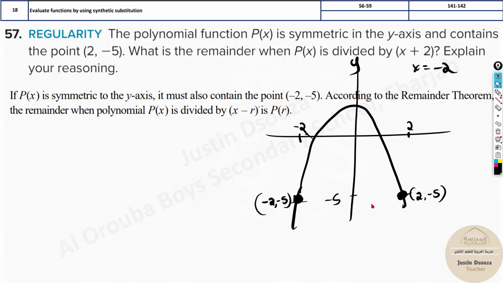If you draw this graph, I'm sure you'll get full marks. So just draw this graph, it explains more. Because over here, this graph shows we already have this point, so it's symmetric on the y-axis, so there must be minus 2, minus 5 as well. So the remainder is what? Minus 5 here. That's the answer.